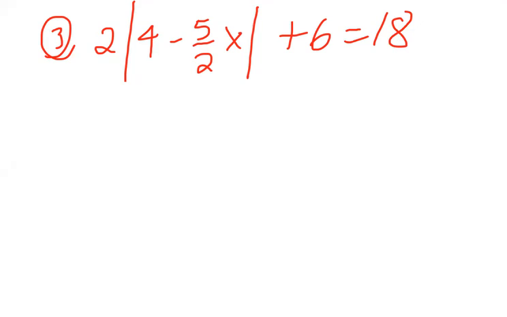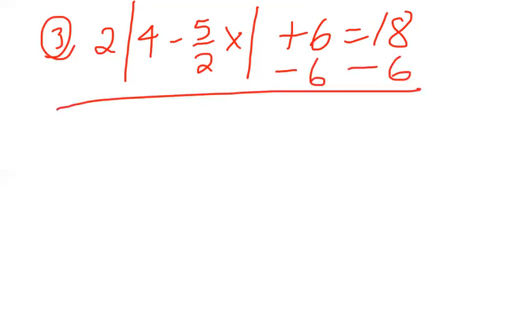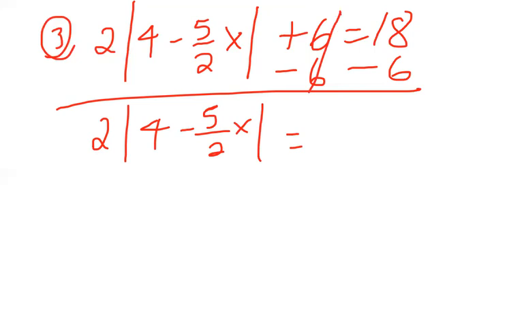Okay, guys, so let's look. I am going to subtract 6 from both sides to try and isolate the absolute value. So this cancels out, leaving me with 12. Now this 2 here in front of the absolute value, many students like to distribute the 2.